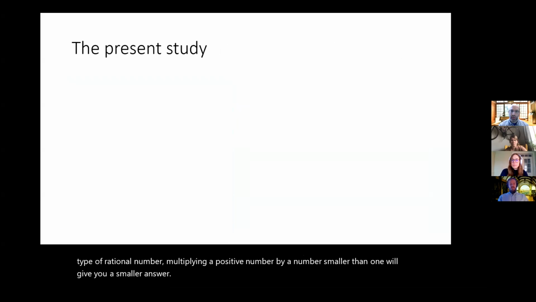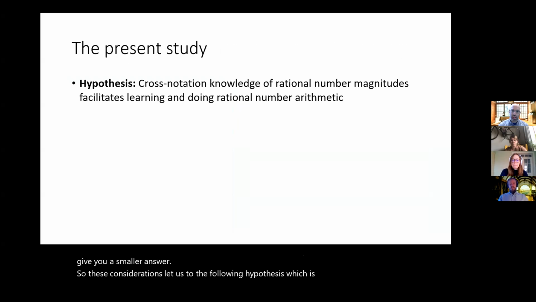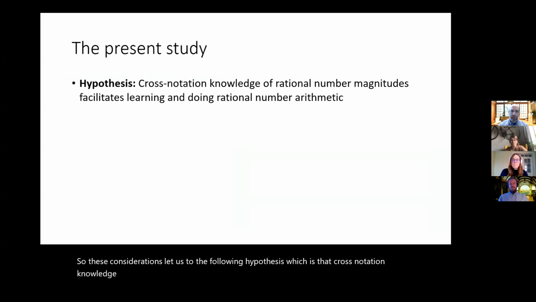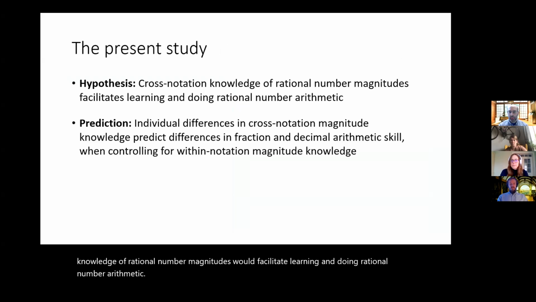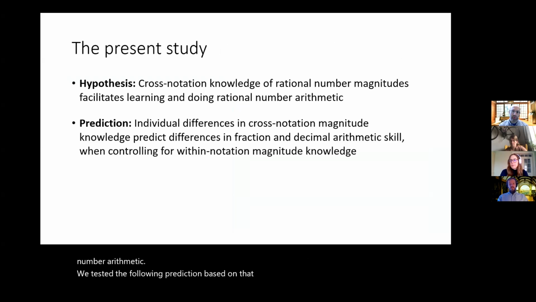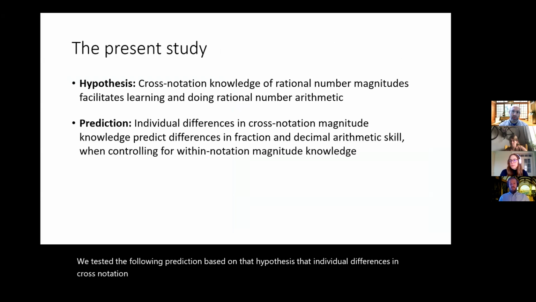So these considerations led us to the following hypothesis, which is that cross-notation knowledge of rational number magnitudes would facilitate learning and doing rational number arithmetic. We tested the following prediction based on that hypothesis, that individual differences in cross-notation magnitude knowledge would predict differences in fraction and decimal arithmetic skill, even when controlling for measures of within notation magnitude knowledge.